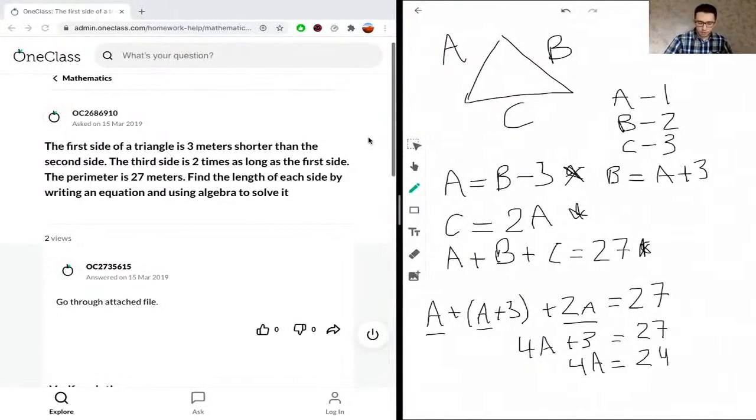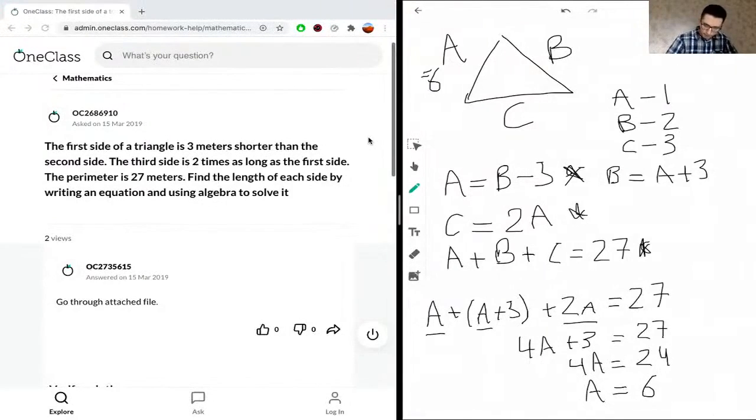And the last step is just dividing both sides by 4. So 24 divided by 4 will give us 6. So we've solved that: A equals 6.